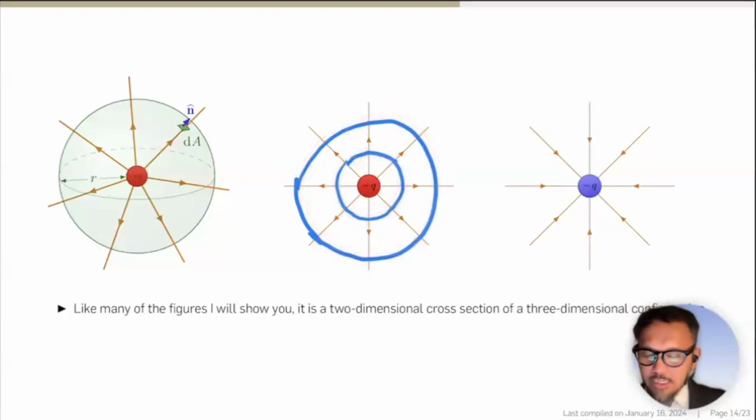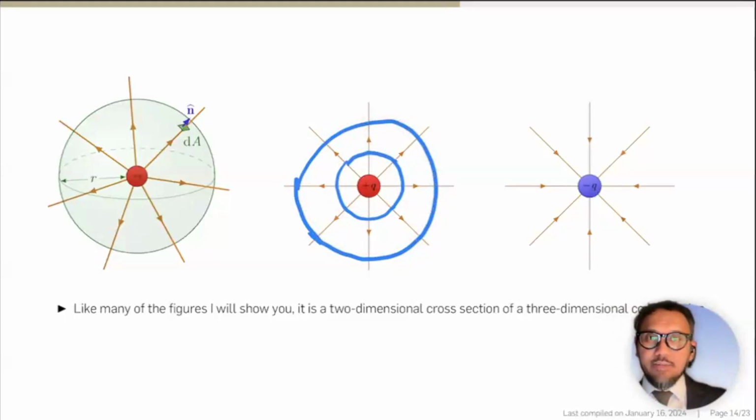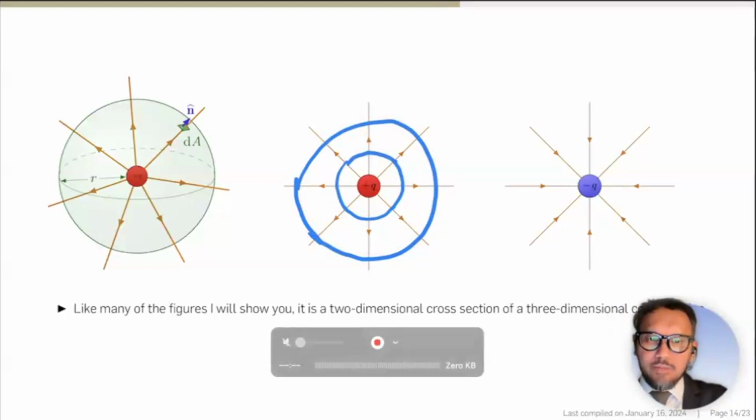In the inner circle, there are 8 lines per 10 length, right? The other one has 8 lines, but the circumference of the circle is longer. So that means at this position, the strength of the field is less. Okay.